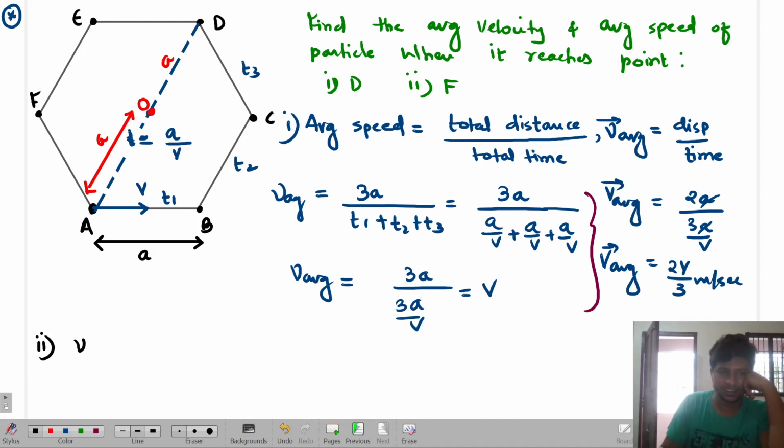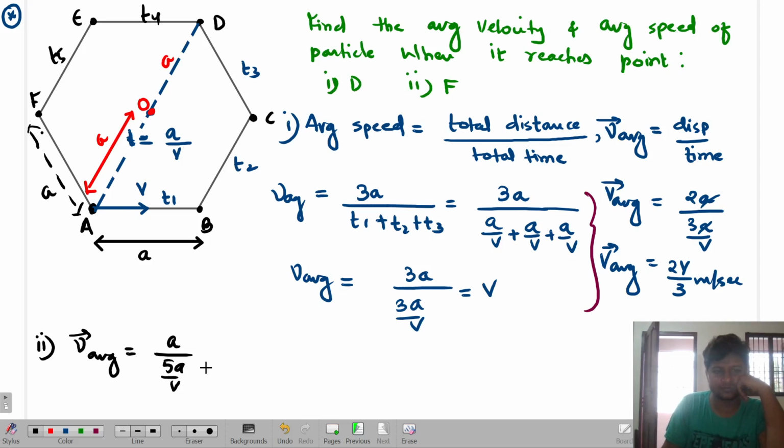Now average velocity: from A to F, the displacement is this length, which is a. Time taken will be t1 plus t2 plus t3 plus t4 plus t5, which is 5a by v. So a cancels, and the answer is v by 5 meter per second, but average speed is exactly equal to v.